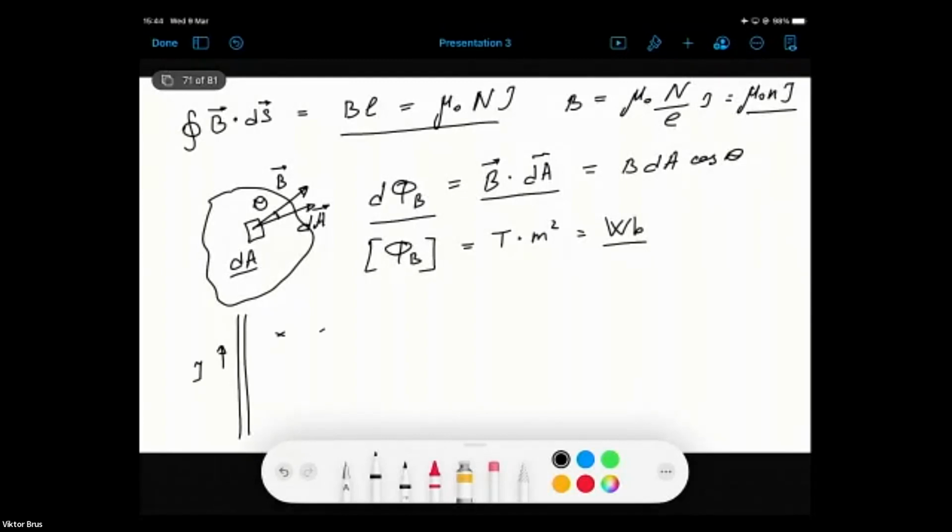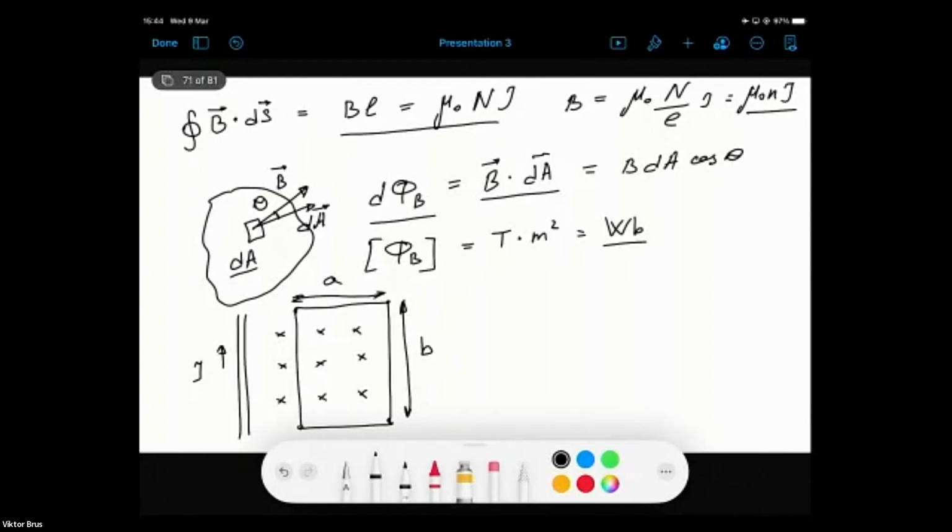Then here we will have magnetic field lines, which from this side will go into the surface of the plot. Here we consider our rectangular frame with length, call it b, and width a.